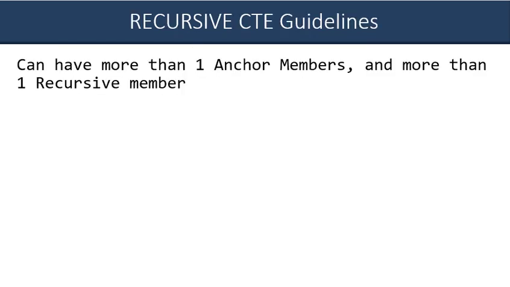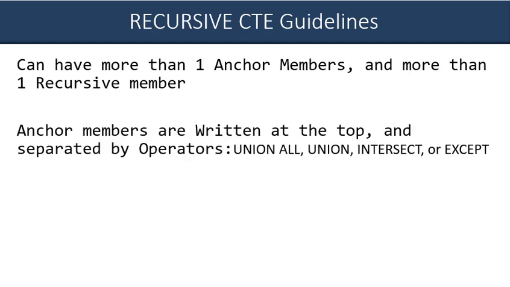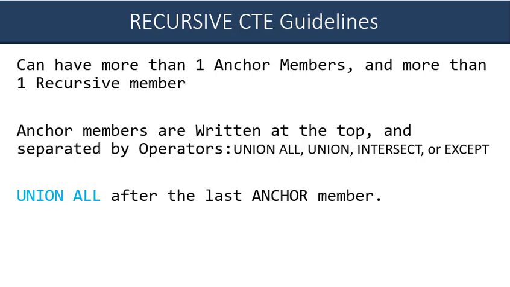Now here are some more points to remember regarding recursive common table expressions. You can have more than one anchor member and more than one recursive member. But anchor members are written at the top and separated by union all, union, intersect, or except operators. But there must be a union all operator after the last anchor member.